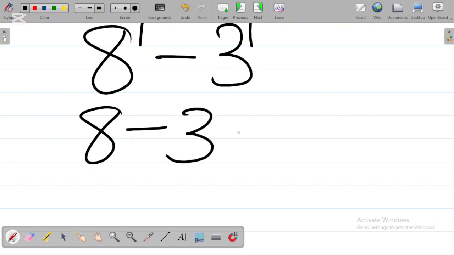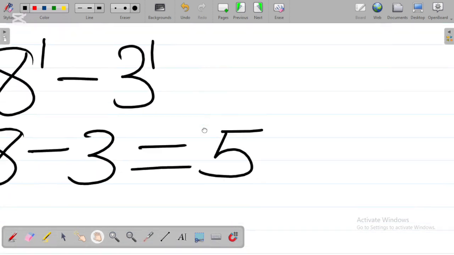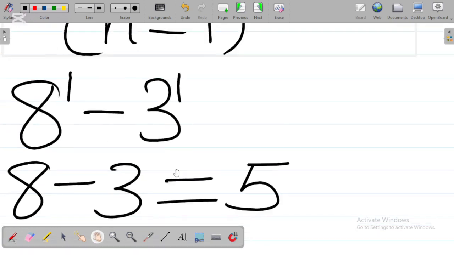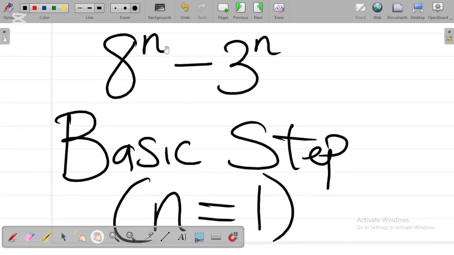So 8 minus 3 is equal to what? 5. So that's the answer for the basic step. Now, 5 divided by 5 is 1. So 5 can be divided by 5. So for basic, 8 raised to the power n minus 3 raised to the power n is divisible by 5.